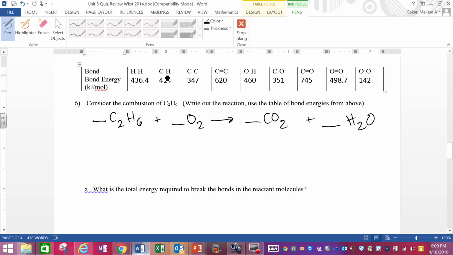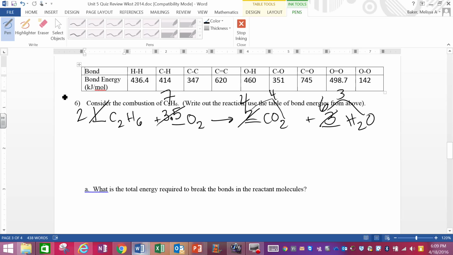C2, we're going to need 2 C's here. H6, we're going to need a 3 here. That makes 7 oxygens on the right side, because there's 4 here and another 3. So that means I need a decimal here, 3.5. I can't leave it that way. I need to multiply all of my coefficients by 2. So the final answer will be 2, 7, 4, 6 for my coefficients.